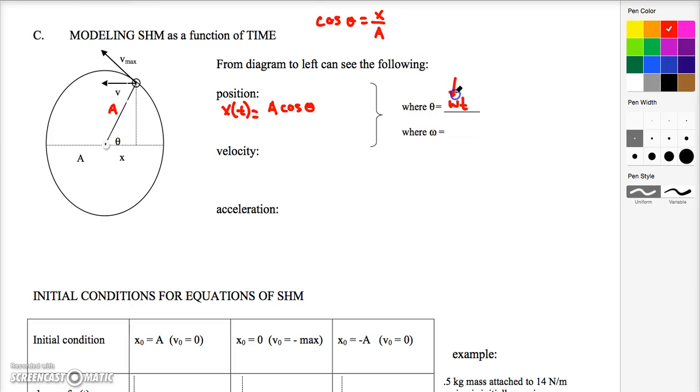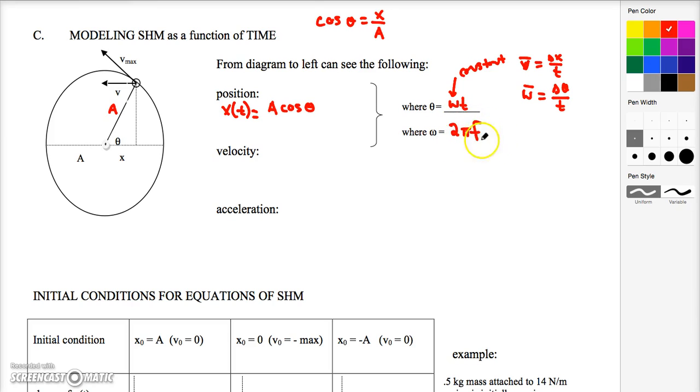We're making the assumption that this is constant. Basically this is a rewrite of, we know v bar equals delta x over t, so we know omega bar is equal to delta theta over t. So essentially what we're doing is solving for theta. And omega, if you recall from our rotational motion, is the angular velocity, and we solved it for 2πf.